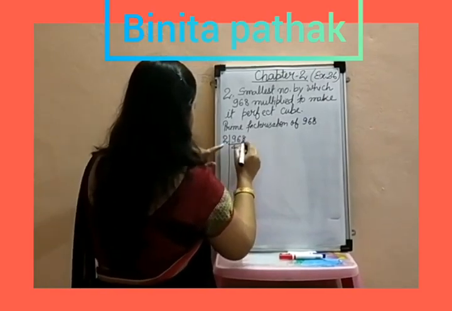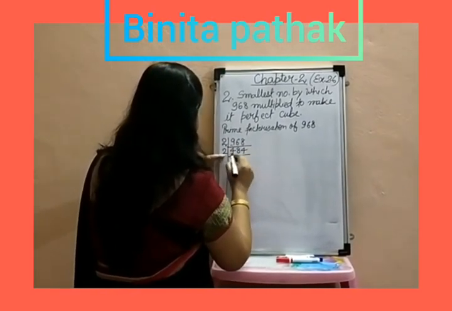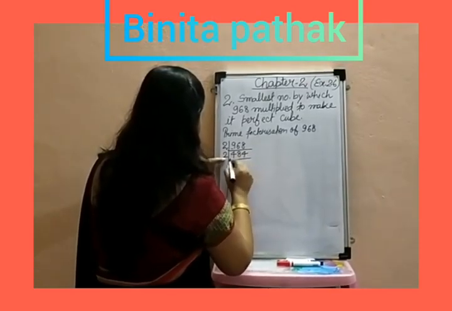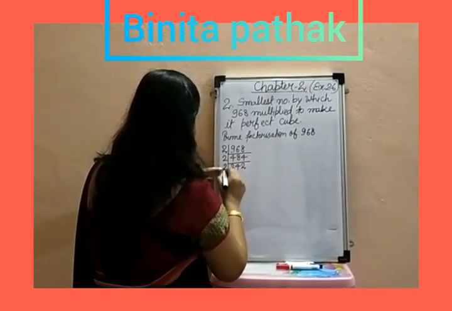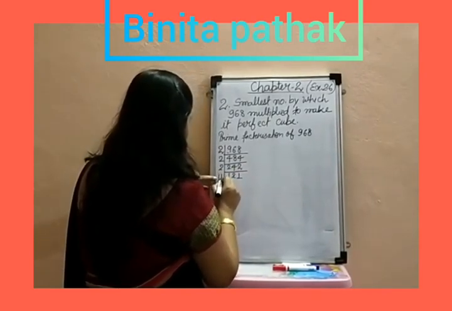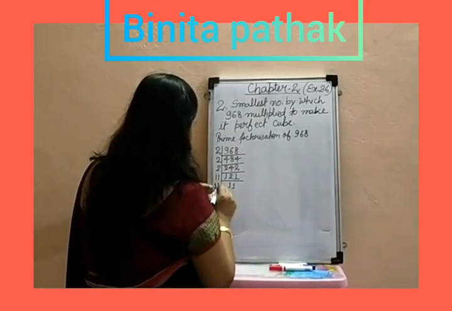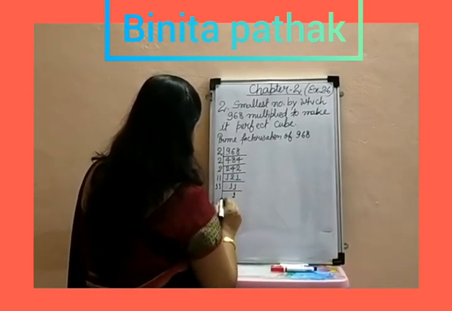Two fours are 8, 2 eights are 16. 2 twos are 4, 2 twos are 4, 2, 1. It will be divided by 11, 11, 1.